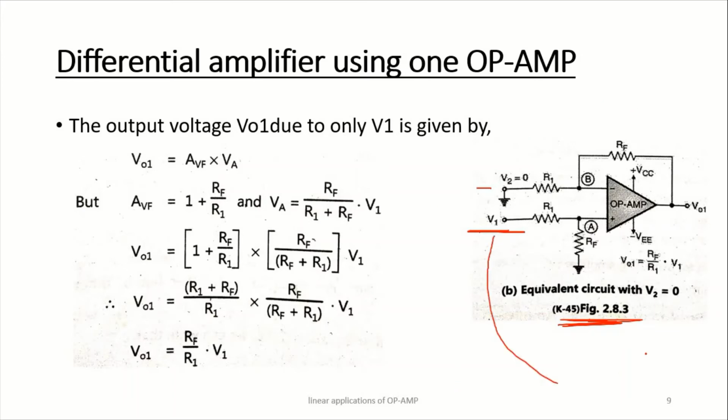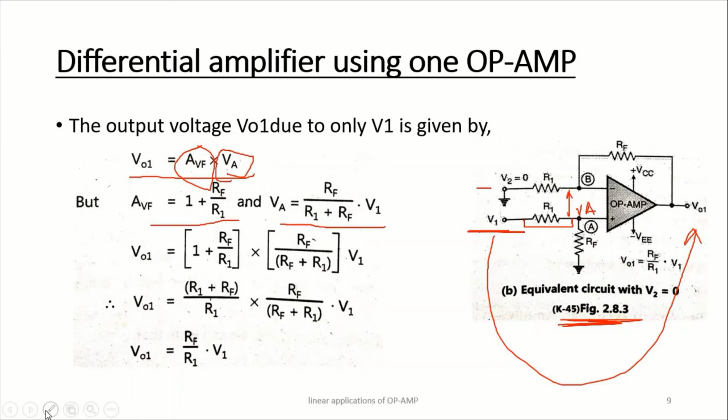Due to V1, the output we get is denoted as V01. The output depends only on V1, therefore it is denoted as V01, and the output of the op-amp is written as gain into the differential signal. Here the gain is AVF, and the differential signal is the voltage at node A, denoted as VA.